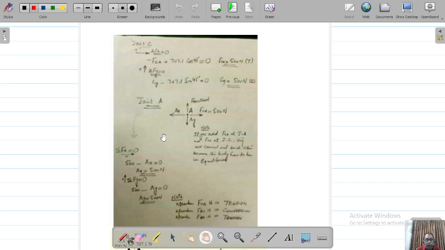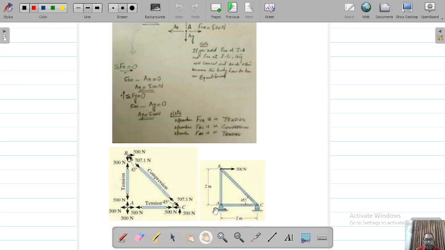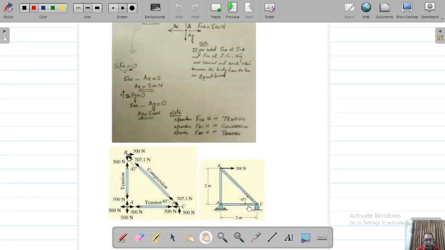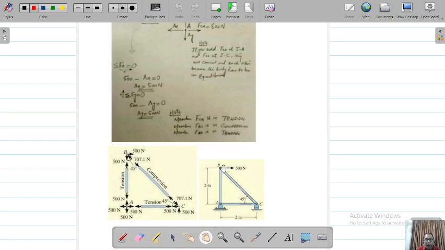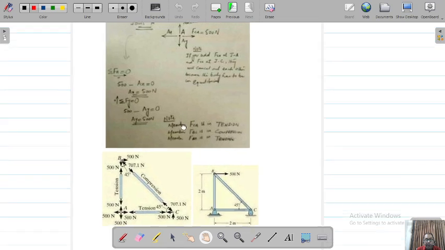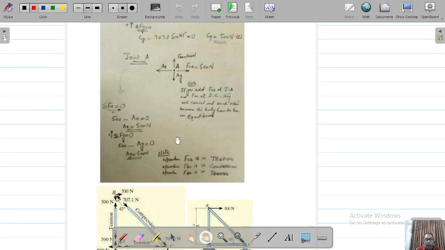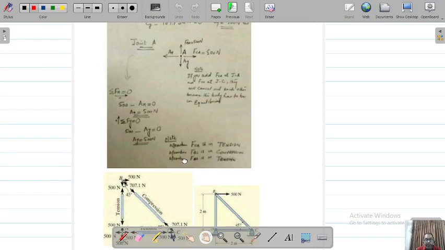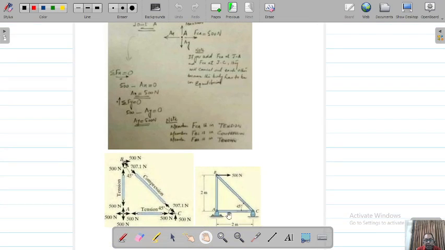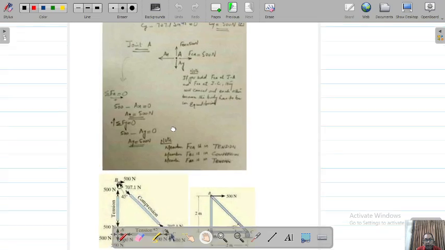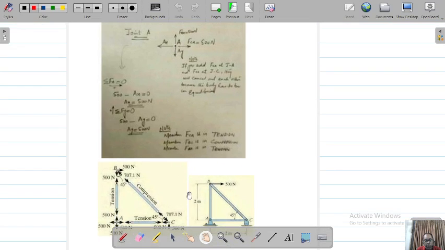If you look at it, this is our joint A. We have already calculated force AC, force CA, as 500 Newton, and since it was tensile, when we go to joint A, we also assume it as tensile, because this truss member has to be in equilibrium.